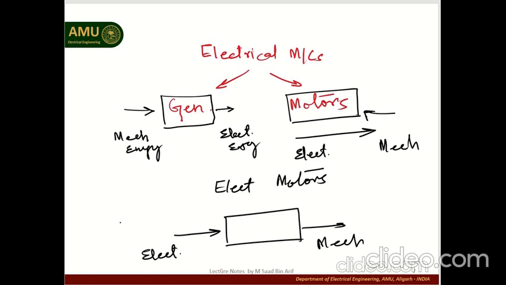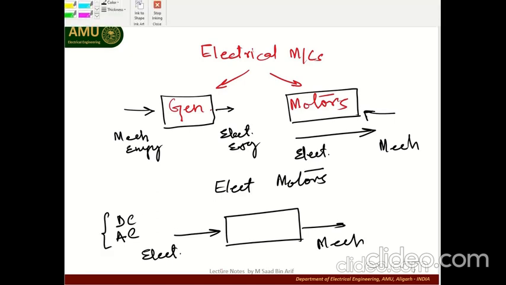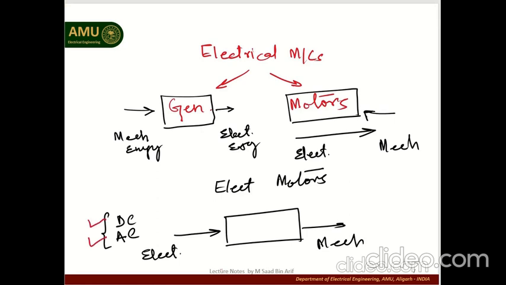As you all know, the input electrical energy can be DC in nature or it can be AC in nature. It means we can further classify electrical machines into AC machines and DC machines. That is, electrical motors can be further classified as DC motors and AC motors.